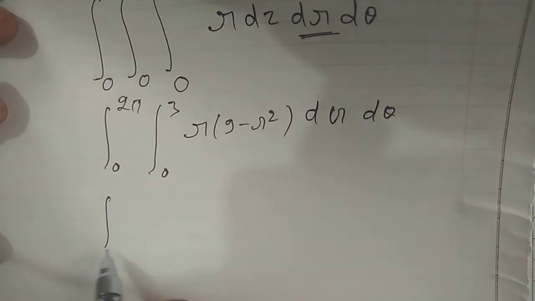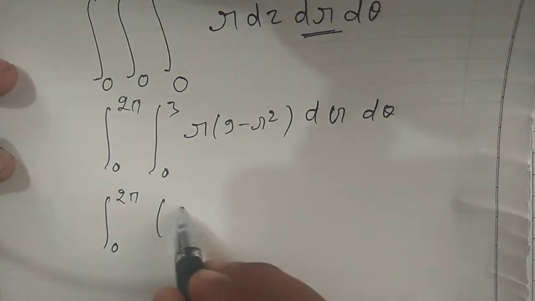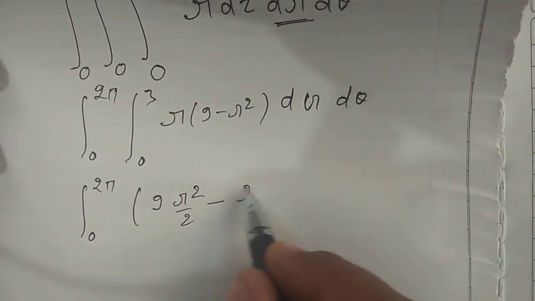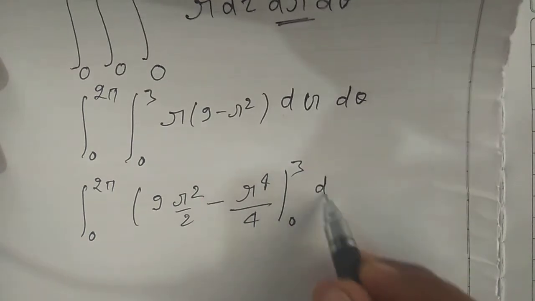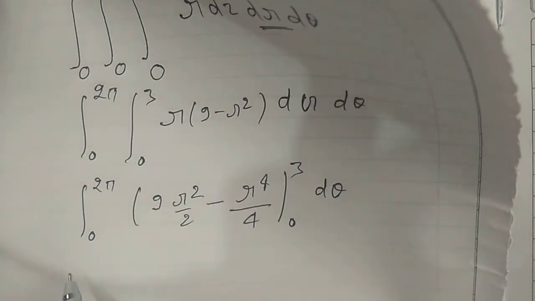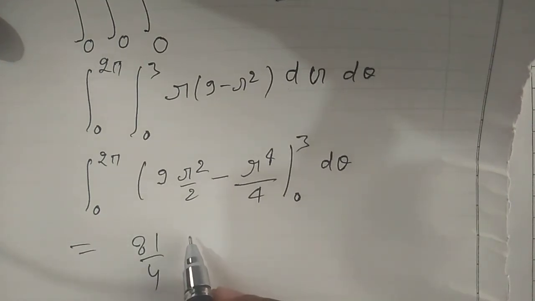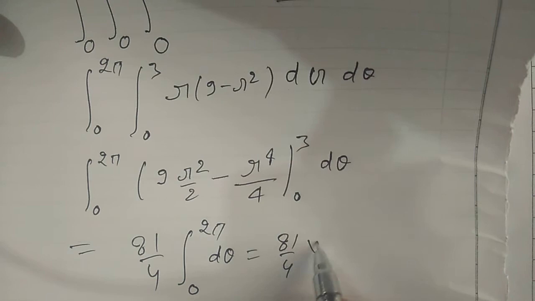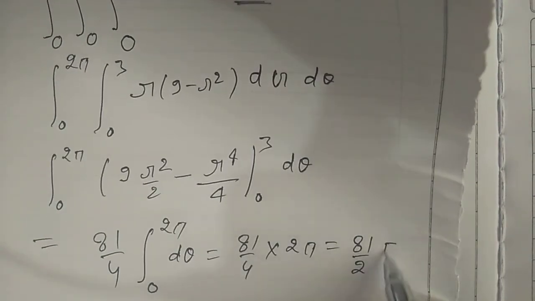So now 0 to 2 pi, and this is the integration: 9 r square by 2 minus r power 4 by 4, limits 0 to 3, d theta. If you simplify, we get 81 by 4 into integral 0 to 2 pi d theta, so 81 by 4 into 2 pi. So we get the answer 81 pi by 2.